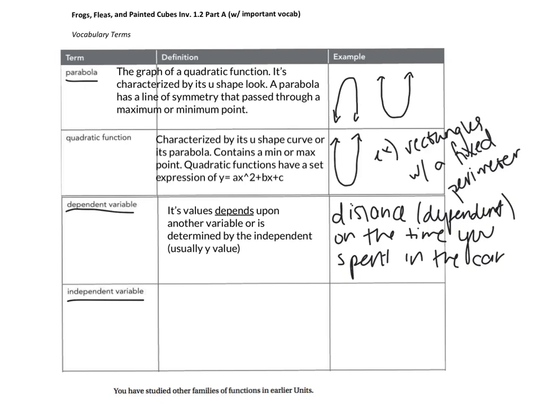Okay, and then the last vocab term is independent, right? I like to again think about it. It's independent. It stands alone. It doesn't need anyone, right? It's its own person. So its value really determines the value of another, or in this case, our dependent.